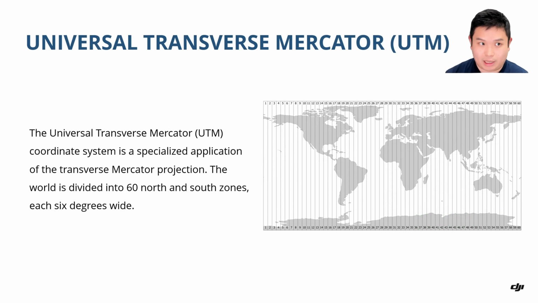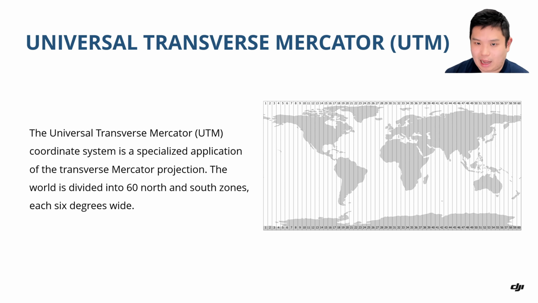First, let's have a look at the Universal Transverse Mercator, UTM projection, which is used worldwide. The UTM projection divides the entire world into 120 zones. Each zone is 6 degrees wide, and the UTM projection divides the north and south regions based on the equator.